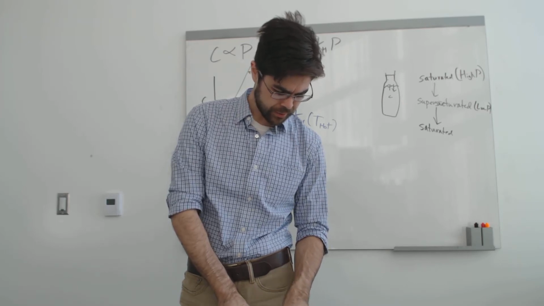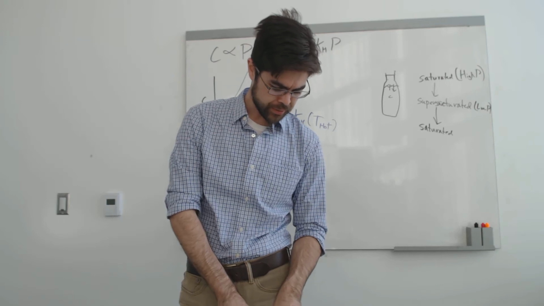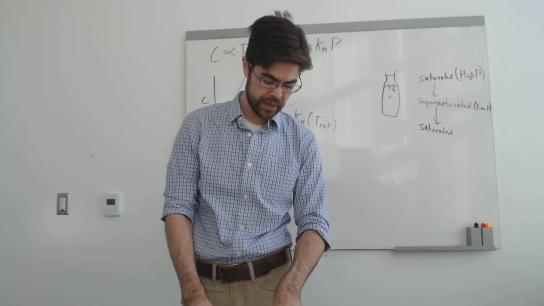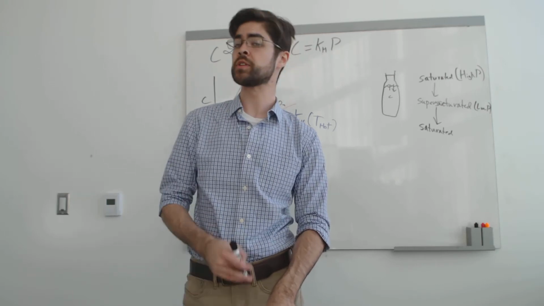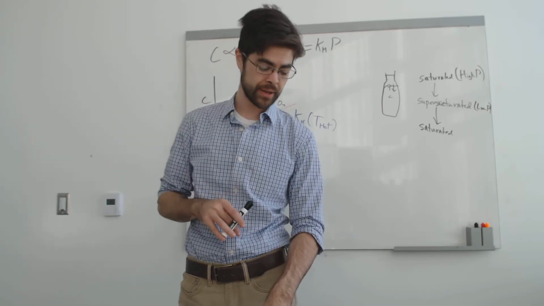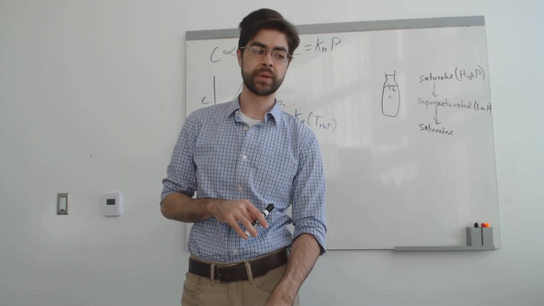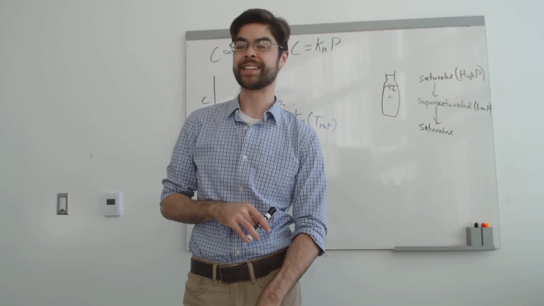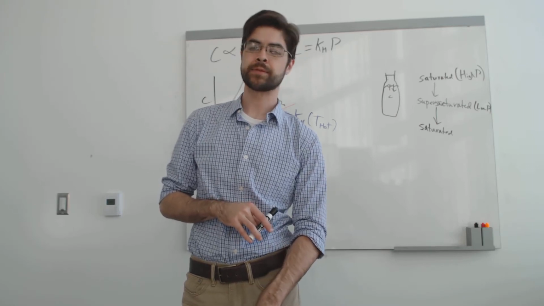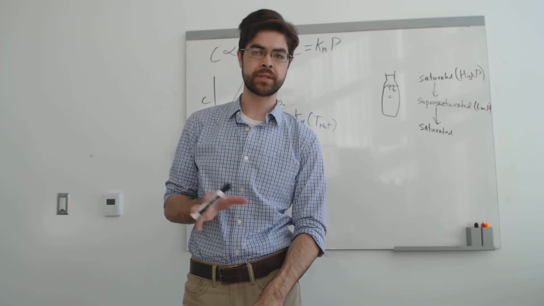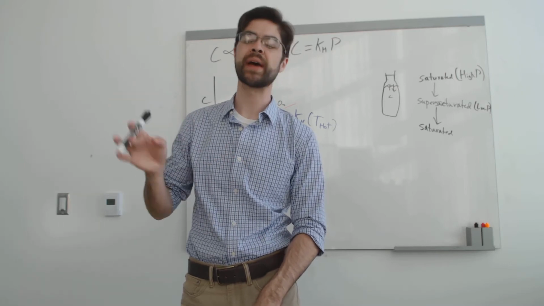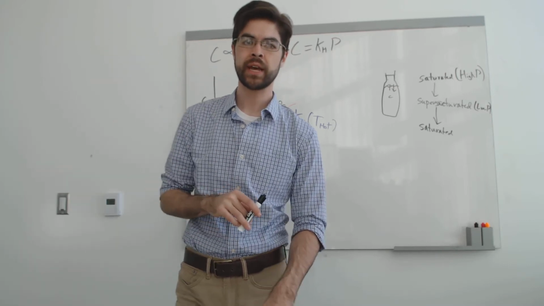How does pressure affect the solubility of solid solutes? So we spoke at length about Henry's law, how gases' solubility increases with pressure. I didn't say much about solids. That's because generally the solubility of a solid is independent of the external pressure.